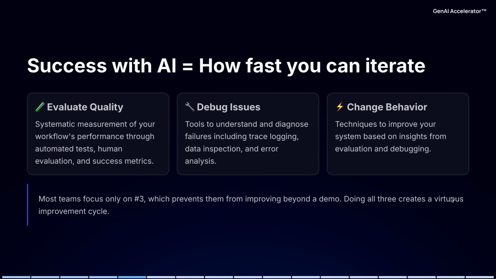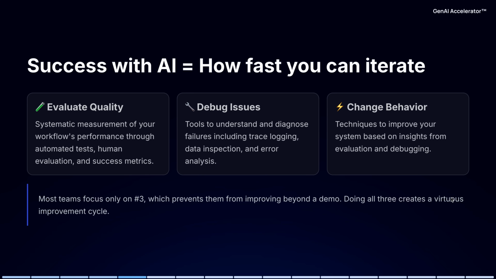And your success when it comes to building AI systems really depends on how fast you can iterate. Because like I've said, the first version that you make, the happy path that you test with your examples, this is never the final stage. Iteration and continuous improvement is a non-negotiable.